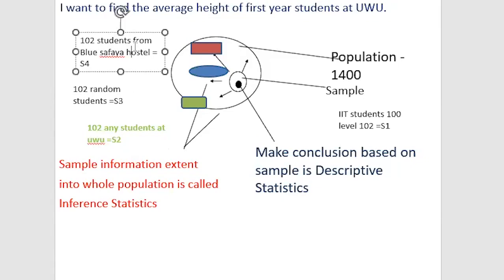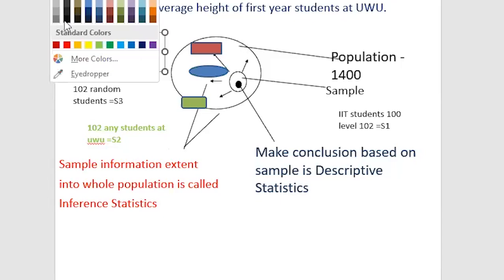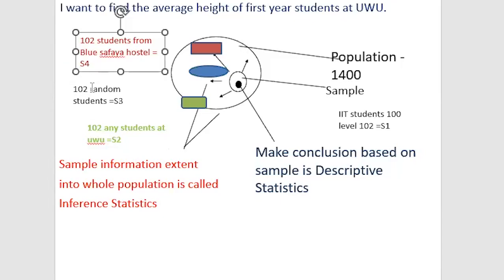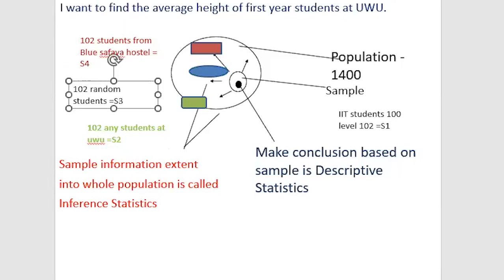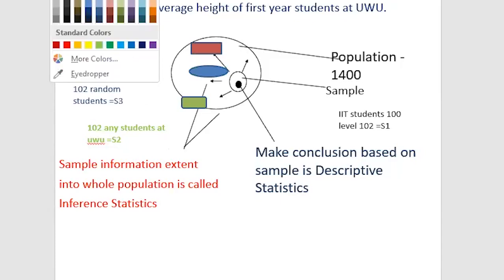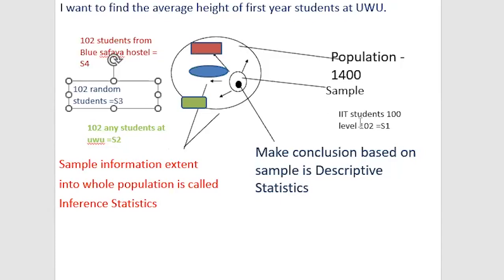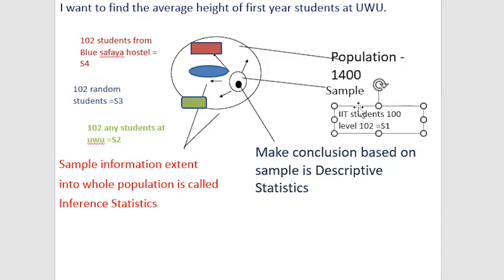But either the Blue Sapphire student, or any random student, or here the IIT student, they are all under the population. I can use any of these samples.